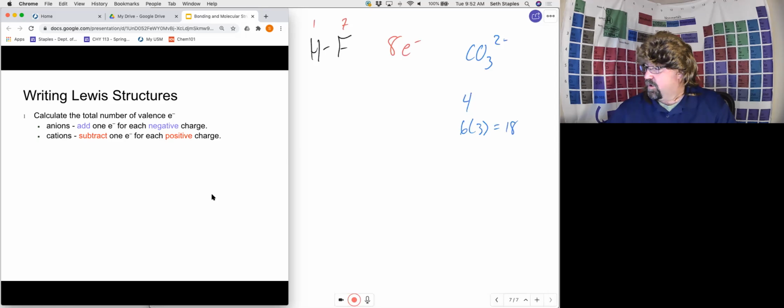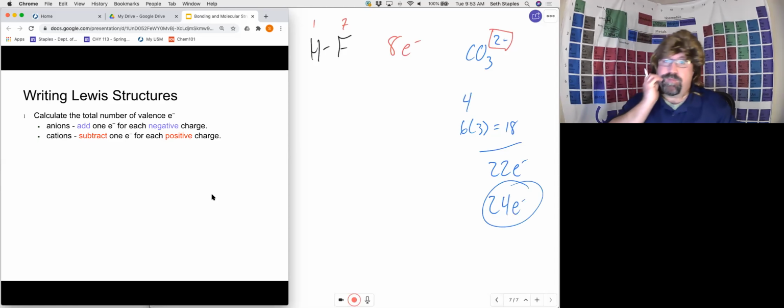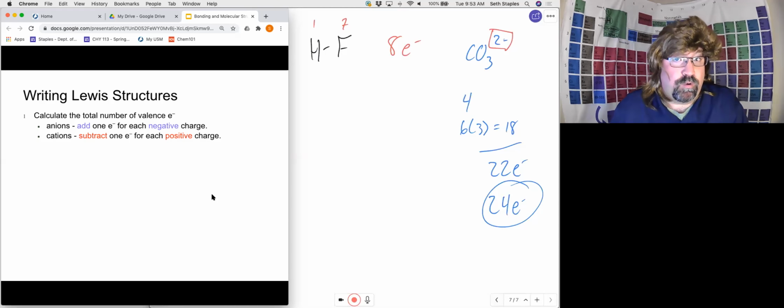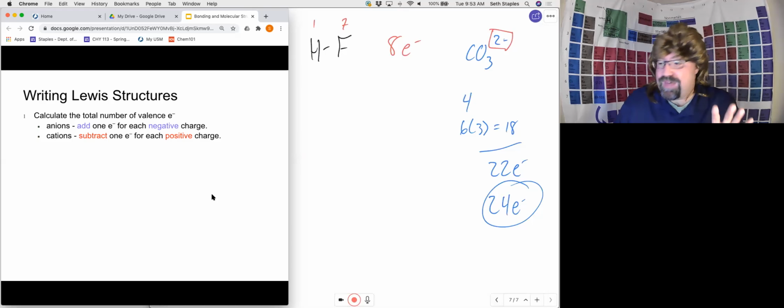We add our 4 and our 18 to get 22 electrons, but our 2- tells us that we add another 2 electrons. So if we were doing the Lewis structure of carbonate, we're actually going to be working with 24 electrons total. So I just show that so that you see how you adjust your number if you are doing this for ions as well.